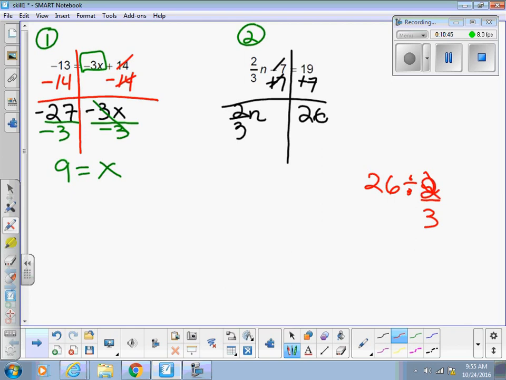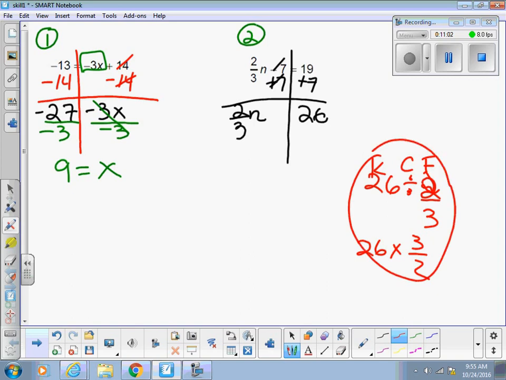And remember when we divide by a fraction, we keep, change, flip, so we get the reciprocal. So that would be 26 times 3/2. So instead of doing this off to the side, we'll just do it automatically here in the equation.